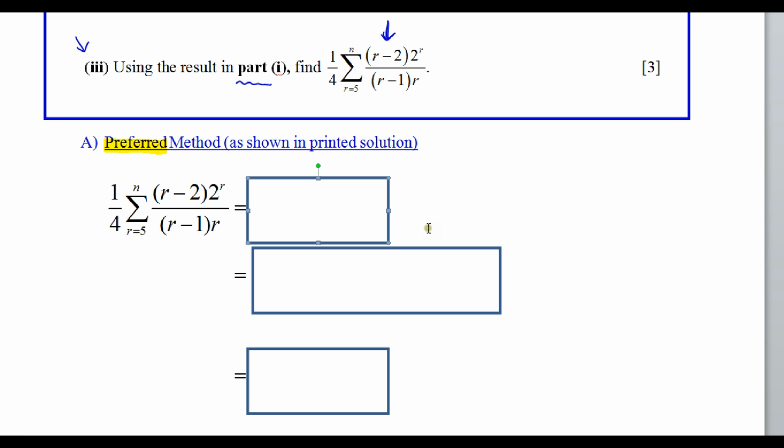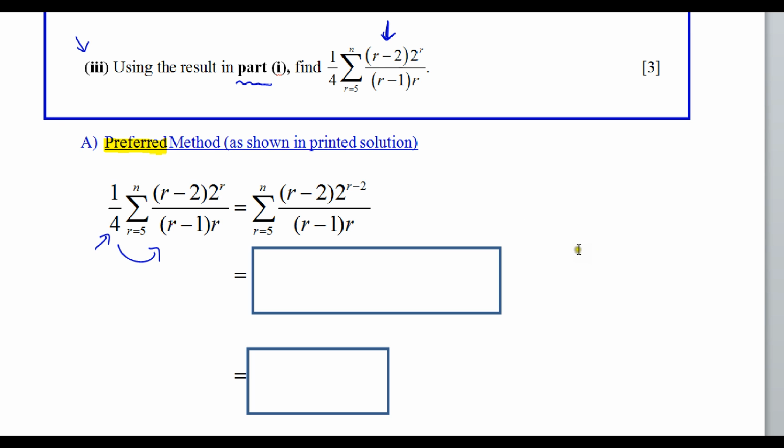What you first do is definitely to multiply the 1/4 into the summation to get this. Because 1/4 is actually 2 to the power of -2. So the only change is here. The only change is 2 to the power of -2.